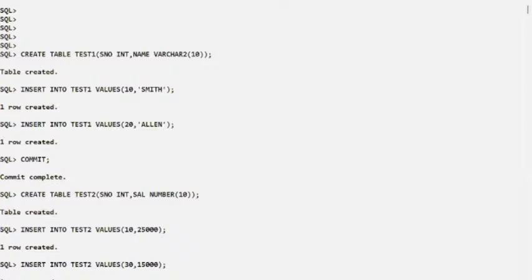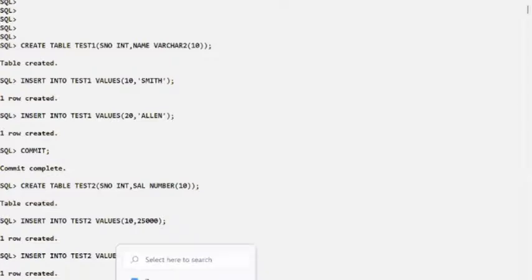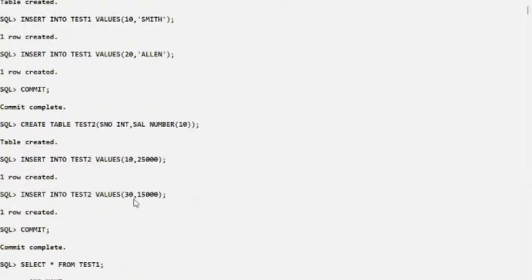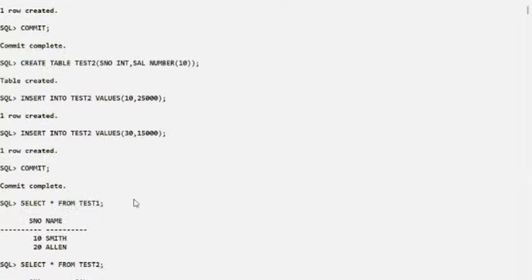Here also I committed. Finally, there are two sample tables we designed: test1 and test2.